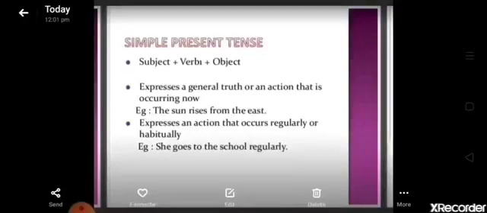You know that we use the root form of the verb with plural subjects, and with I, we, you, they. We add s and es to the verb when we have a singular subject and he, she, it. So, we have to remember the simple present tense is always used with facts or things that are generally true, and to show regular or repeated action.